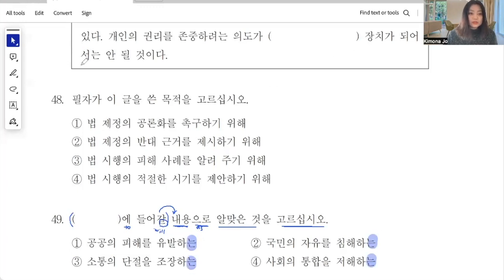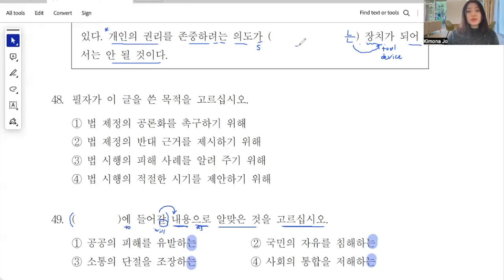So this 는 is the modifier that modifies the following noun, 장치, device, or tool. Okay, and this 는 is in present tense. 개인의 권리를 존중하려는 의도가, the intention that tries to respect the personal right, shall not become a tool that.